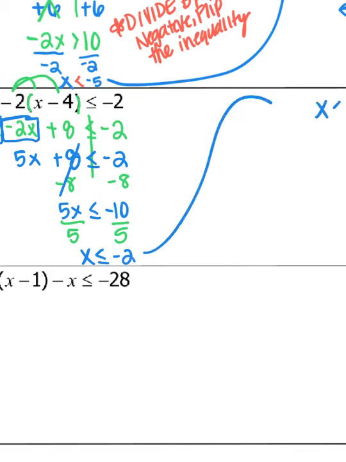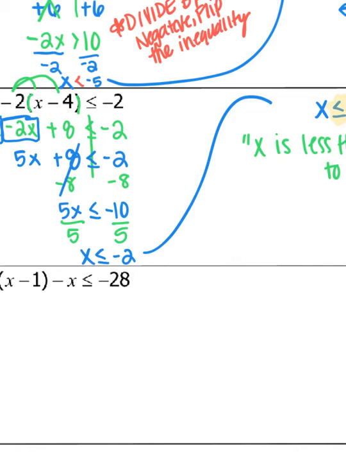So x is less than or equal to negative 2. I'm going to write this in words for you. X is less than or equal to negative 2.